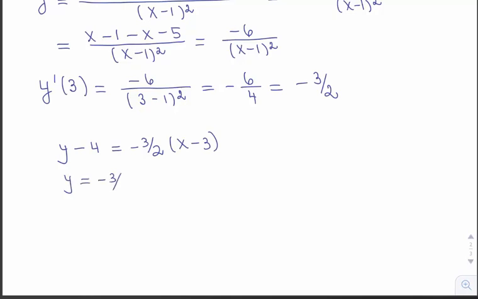Negative 3 over 2 x plus 9 over 2 plus 4. If I simplify this, my final equation should be y is equal to negative 3 over 2 x plus 17 over 2. So I have a line with the negative slope, should be going down. Let's go ahead and check that with Desmos.